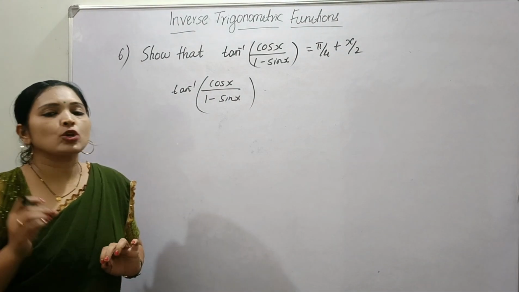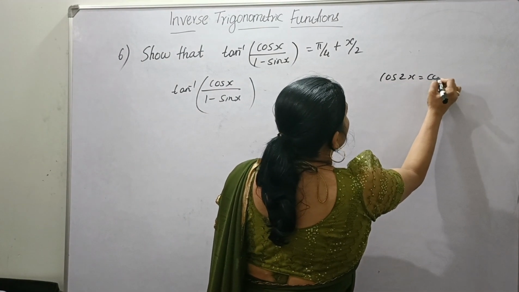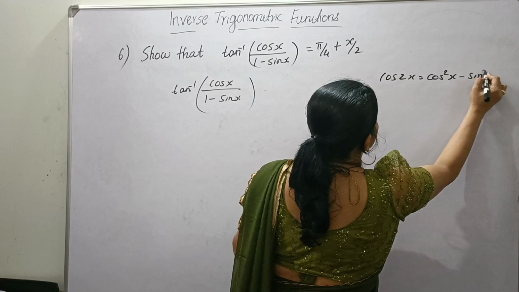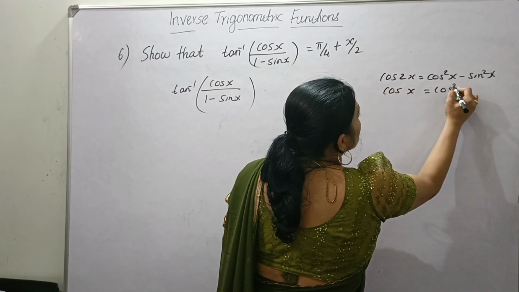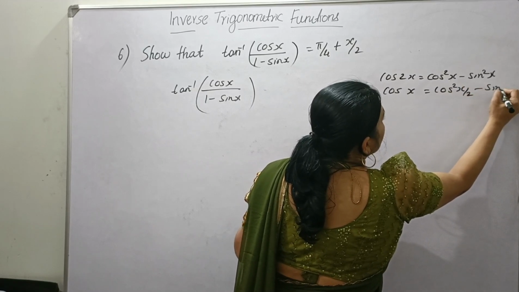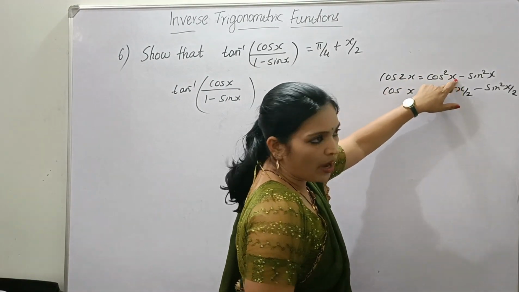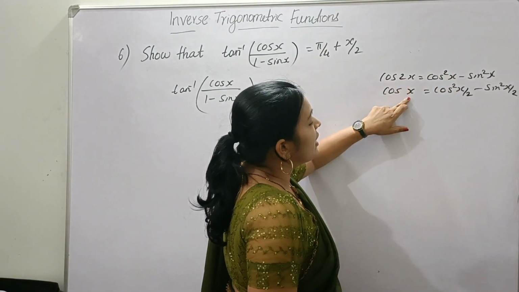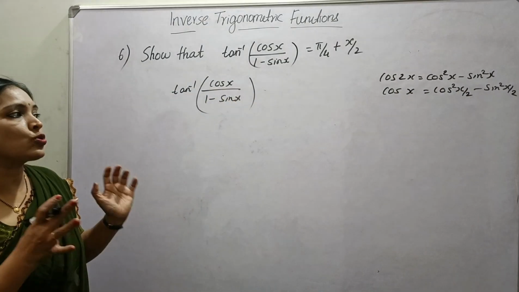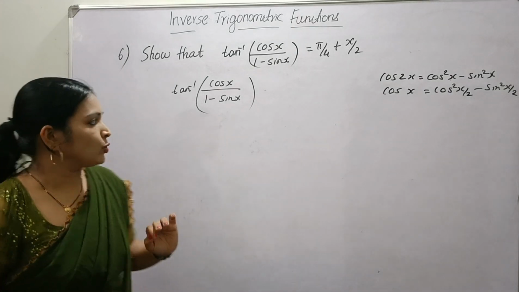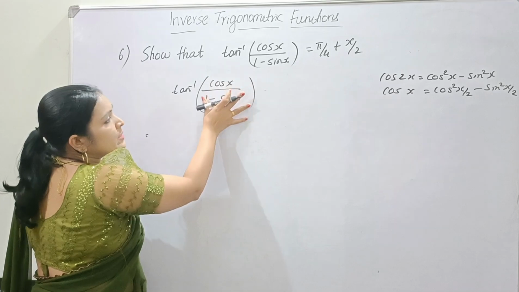We know that cos 2x is equal to cos square x minus sin square x, isn't it? So cos x is nothing but cos square x by 2 minus sin square x by 2. When it is 2x, half of 2x is x, and when it is x, half of x is x by 2.